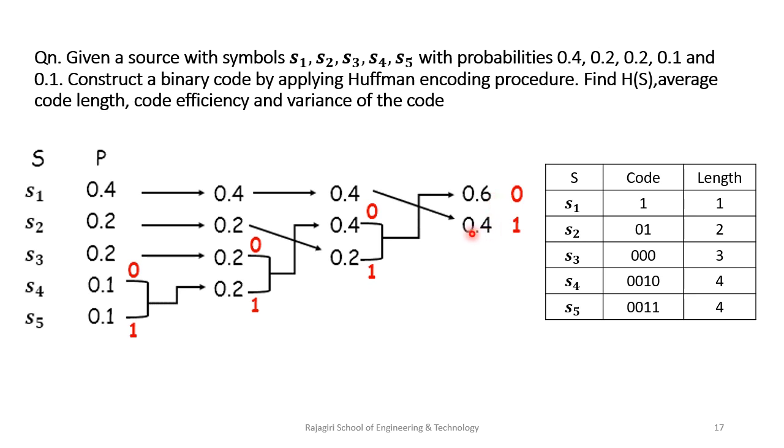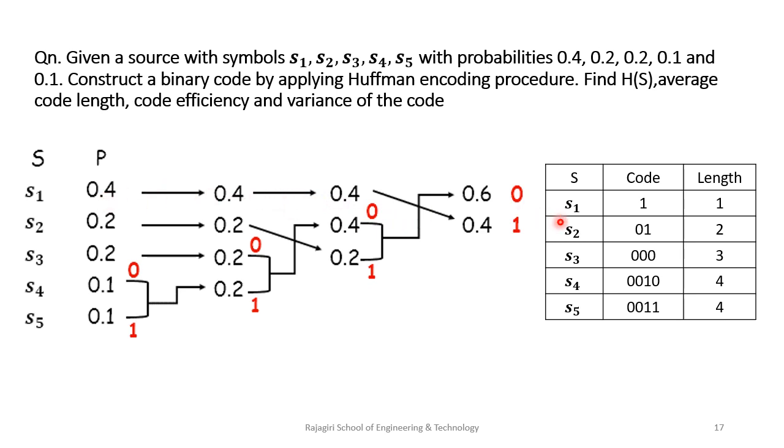We finally reach the last column in which we are left with two symbols to which we assign a 0 and a 1. In the final step, we trace back the sequence of ones and zeros to each source symbol.